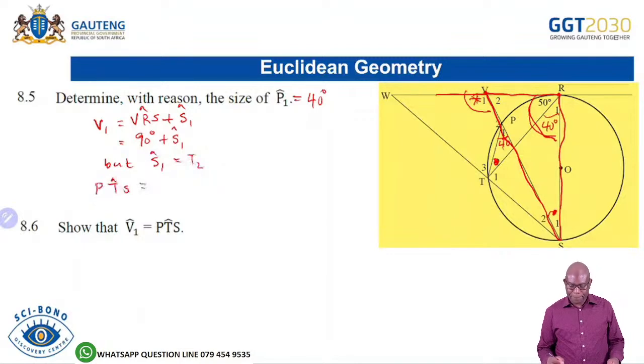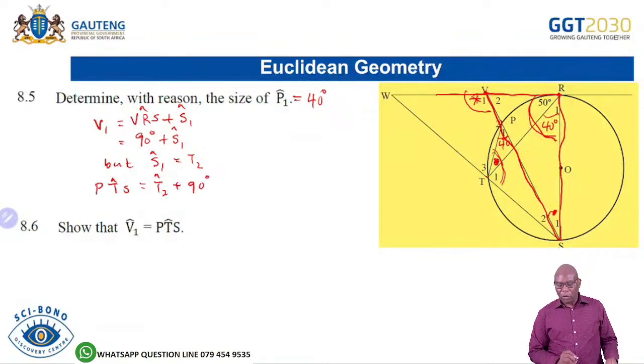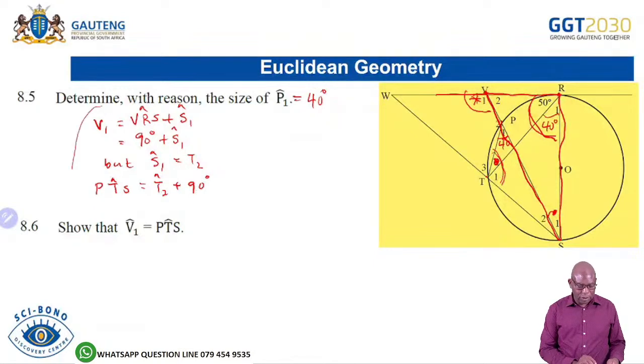PTS, that whole angle here, PTS, it's equals to T2 plus 90 degrees. Can you see? So PTS there, it's equals to that. Sorry, this whole thing there, it's going there.